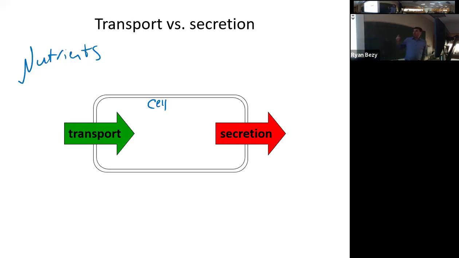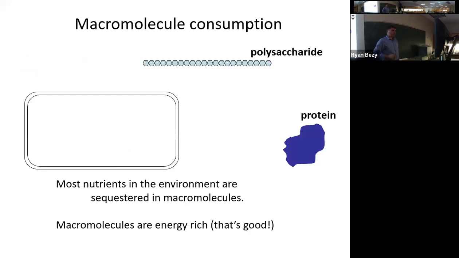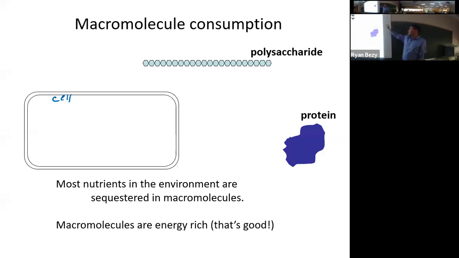So let me go through an example of what I mean by this. Here's my little cell. Many kinds of nutrients out in the environment. Many of the best nutrients are in the forms of, say, macromolecules floating around outside. So I might have a macromolecule, a protein up here. I might have a polysaccharide up here.